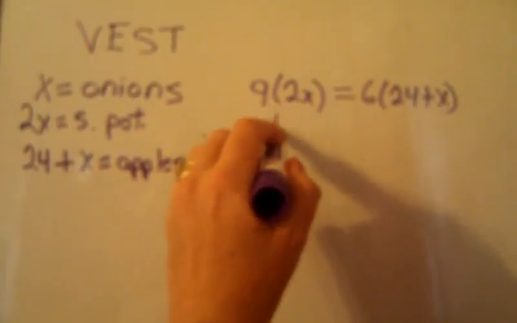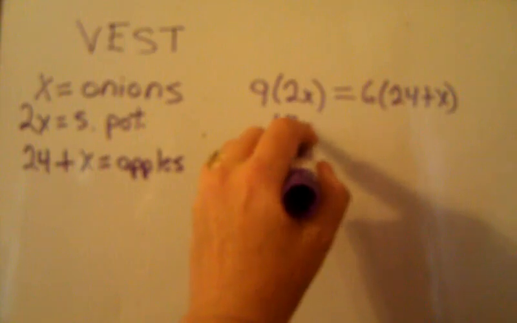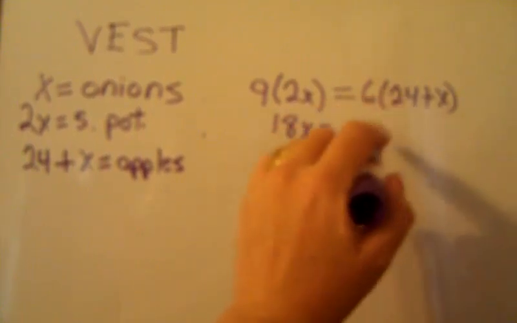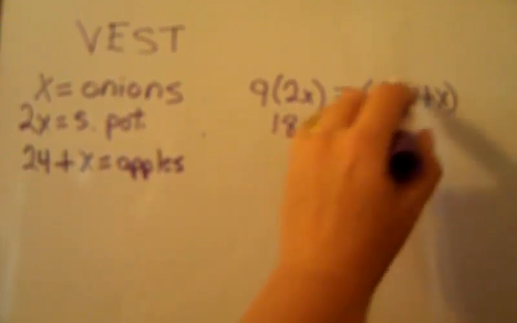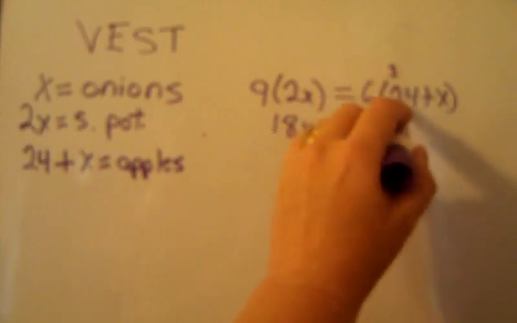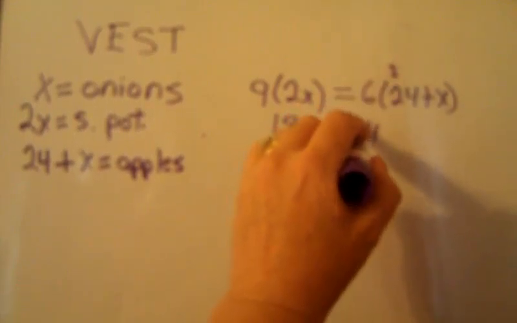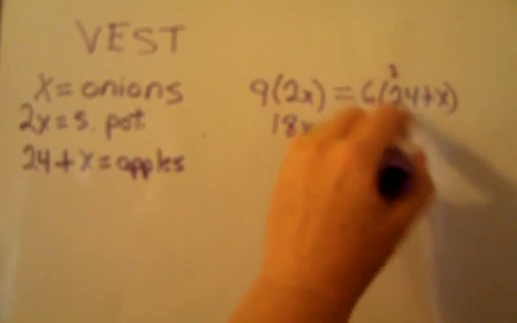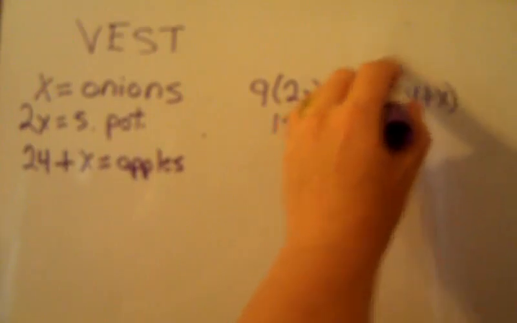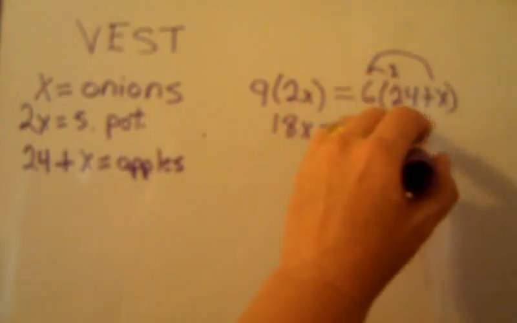Now that I have my equation, I can solve it. First, I have to get rid of the parentheses. 9 times 2 is 18. Don't forget your x. 6 times 24. 6 times 4 is 24. Carry my 2. 6 times 2 is 12, plus 2 is 14. Plus, did you remember to distribute your x? 6x.